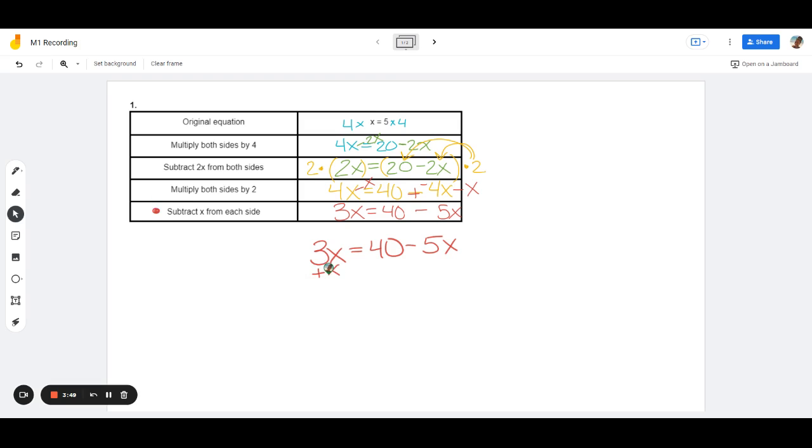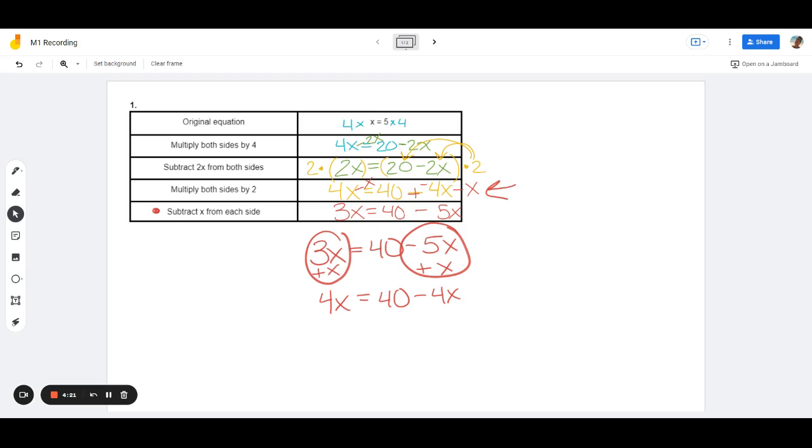So 3x plus x is going to give us 4x, right? And that's equal to, and we can only combine our variable terms. So negative 5x plus x will give us negative 4x. So 40 minus 4x, right? And that's what we got here.